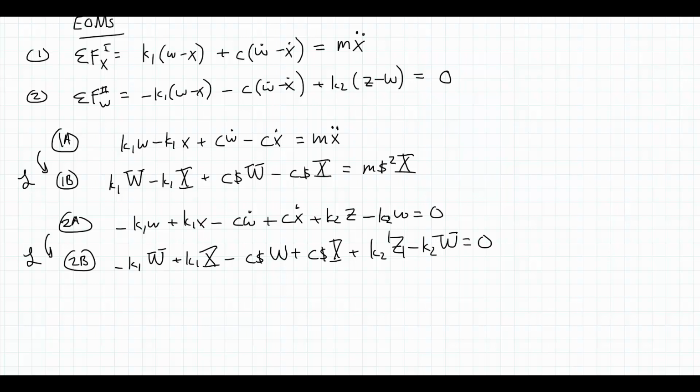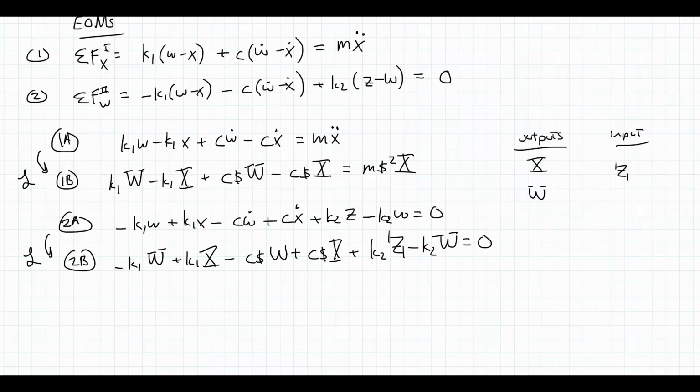So let's count our outputs and our inputs. So outputs, we have x and w, and the input is the displacement z. So at this step, it doesn't matter mathematically if z is a displacement input or a force input or coming from a non-mechanical system, because we are in Laplace transform, we're just in math mode at the moment.